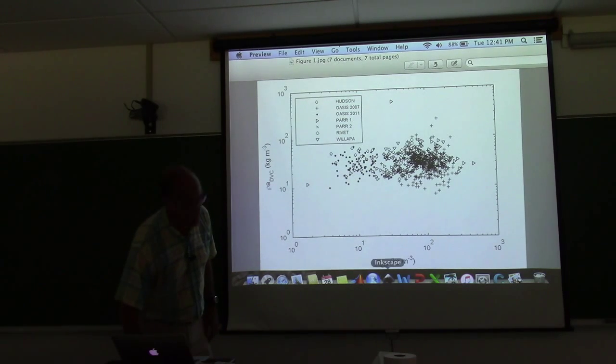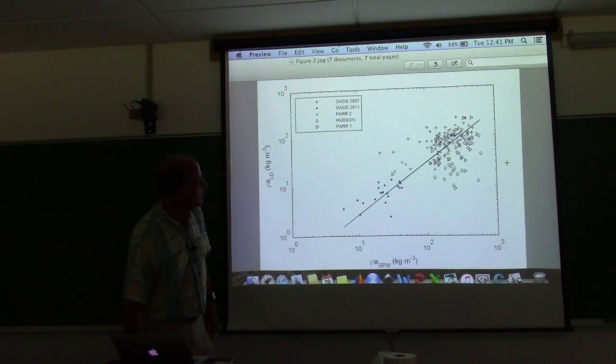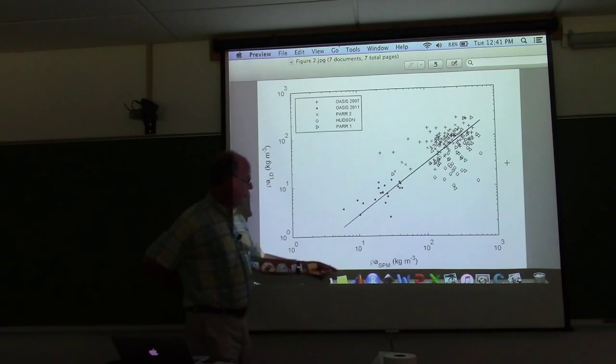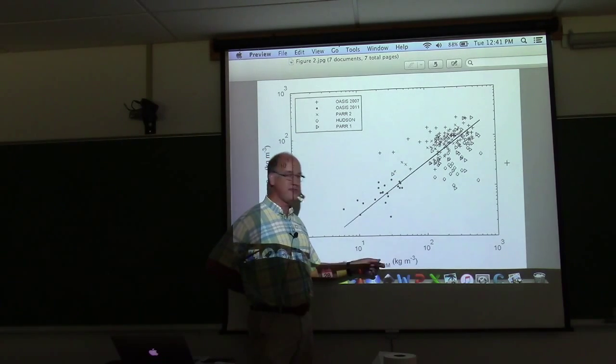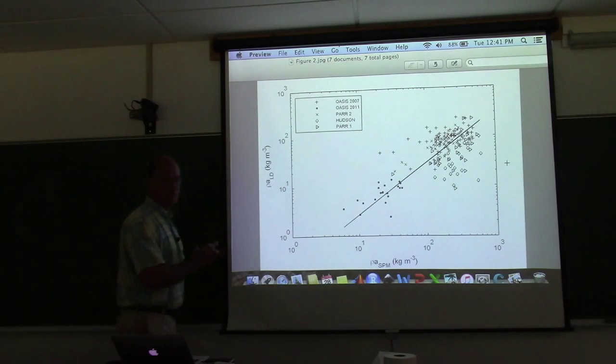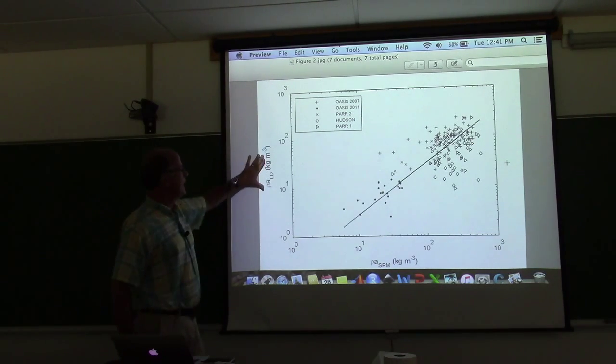Let's go to the next one. Now we have the apparent density estimated with the conventional methods, which is to measure the SPM by filtration and divide by the total volume, and then we have CP over the total volume here.